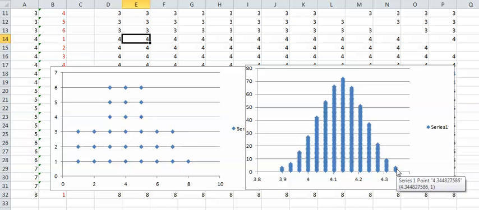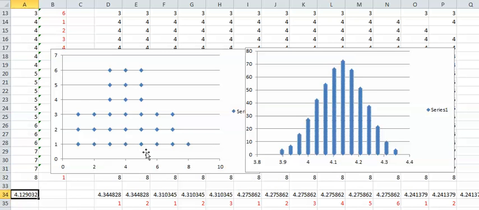And remember that the population mean, which is, let's see what the population mean is now, 4.12, which is right at the center of the population, is also the mean of the sampling distribution. It's also at the center of these possible samples.